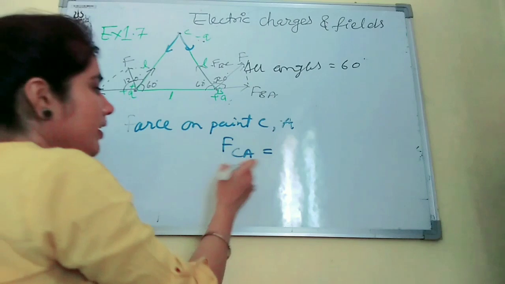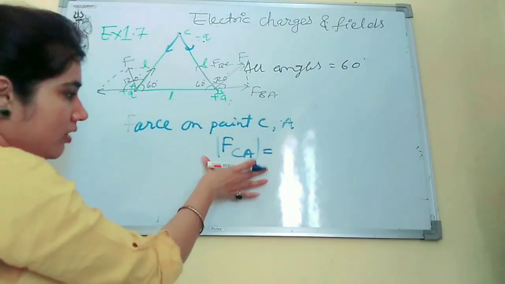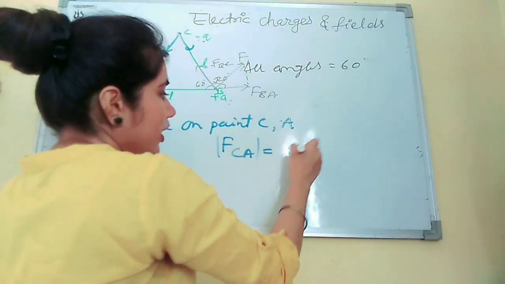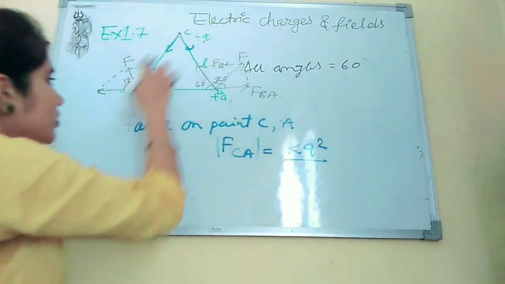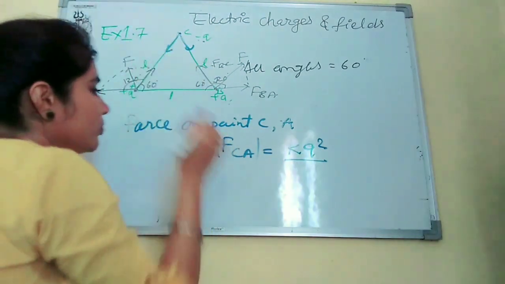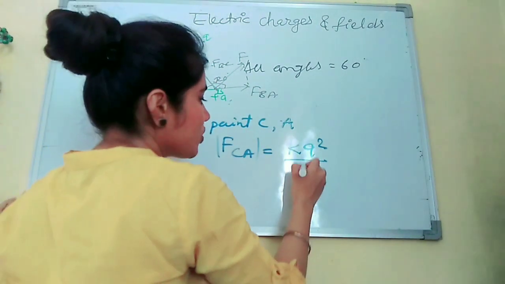Again, we are directly taking the magnitude, so it will become positive. KQ square, this is Q, this is Q, Q into Q, Q square, upon the length between both charges, L square.